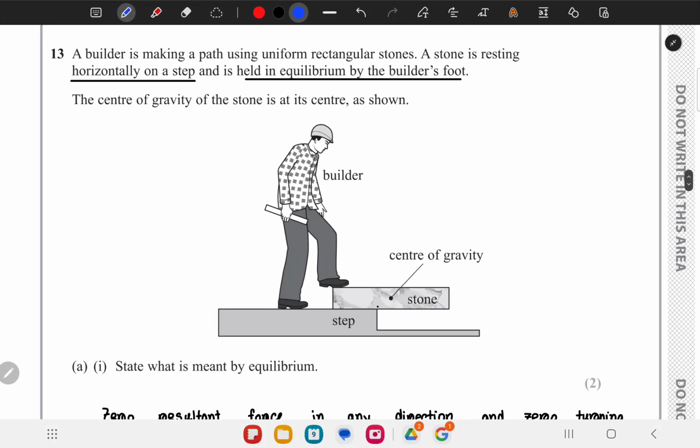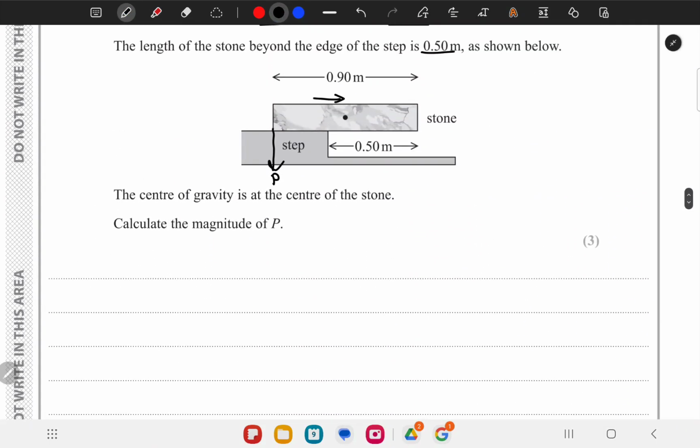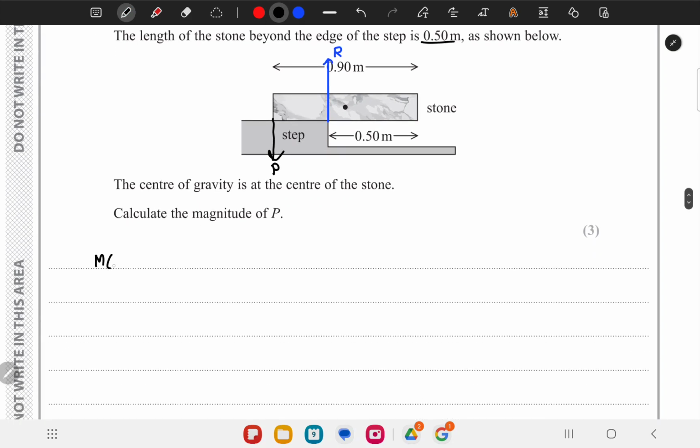If we go back, we know that this is a uniform rectangular stone. So its center of gravity will be exactly halfway through. So this will be 0.45. Since we don't know the upward force, we'll consider the moments about that point. So we don't know this upward force or the normal reaction force provided by the step. So we'll take the moment about that point.